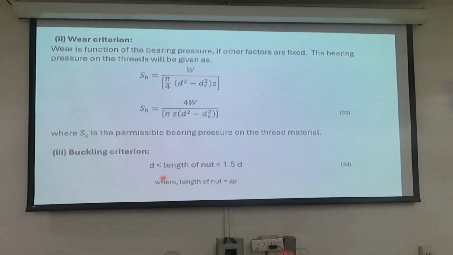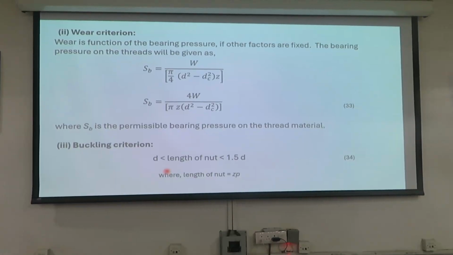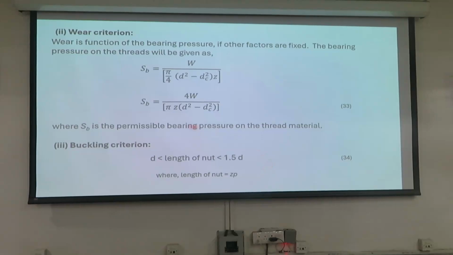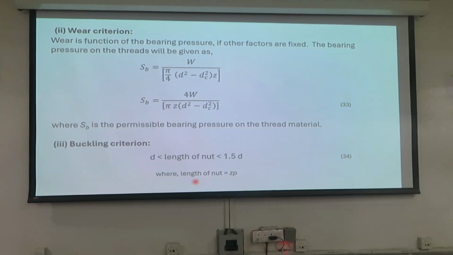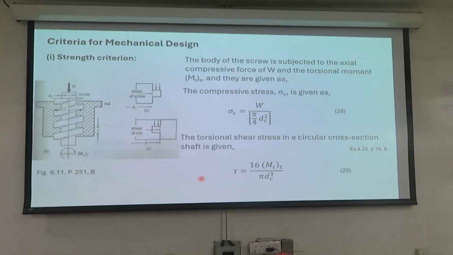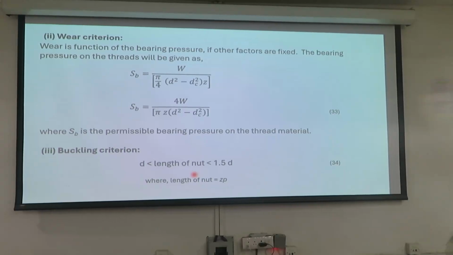When you press a very long stick, it just buckles in the middle, right? So it should not happen that way. For that, we have to have this condition satisfied. So you have to satisfy the strength criteria, the wear criteria and the buckling criteria.